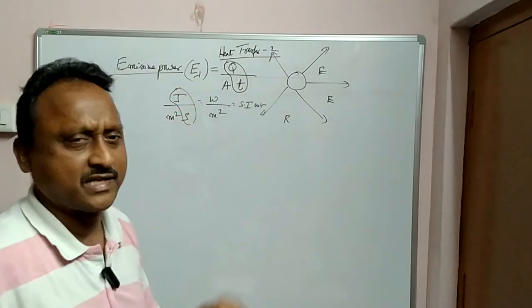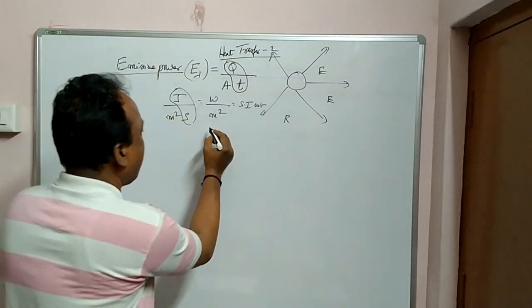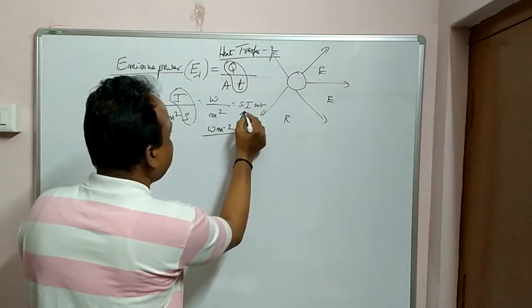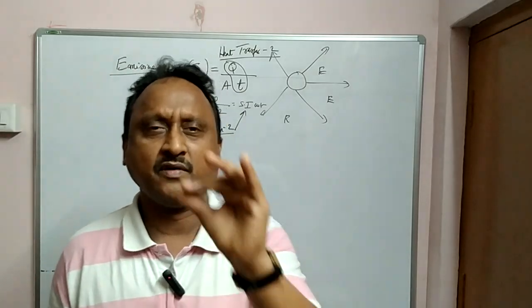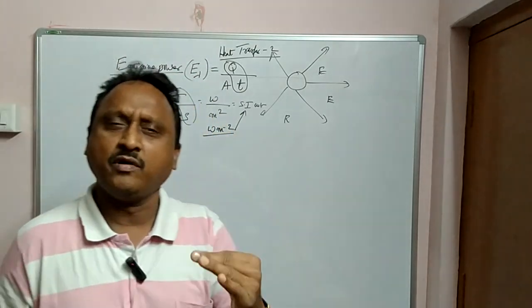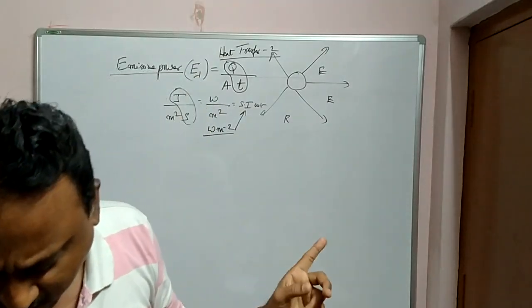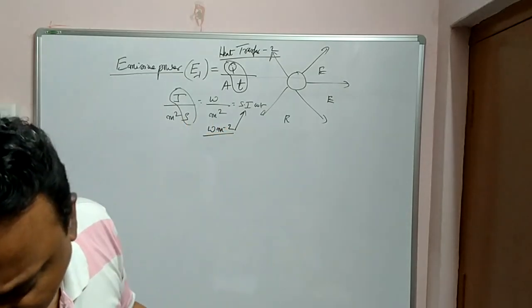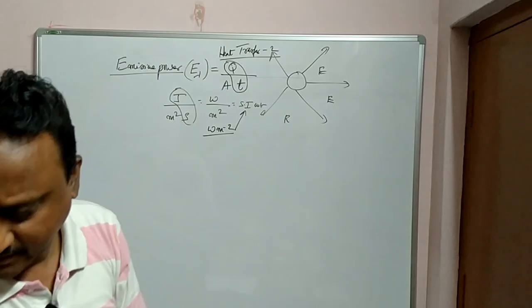So watt per meter square, either you can write watt per meter square or watt meter power minus 2, is the SI unit of the emissive power of any body. So emissive power of any body can be defined as the amount of heat energy emitted per unit area in unit time. Okay. So units are also given here, watt per meter square or watt meter power minus 2. Clear? And lambda is at a particular wavelength.